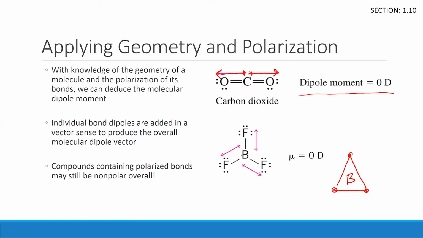They pull electron density to them. They pull electron density into each of these corners. But overall, because of its structure, these dipole moments individually will cancel each other out, forming a net zero dipole. So each of the bonds are very polar, but ultimately the molecule is not polar.